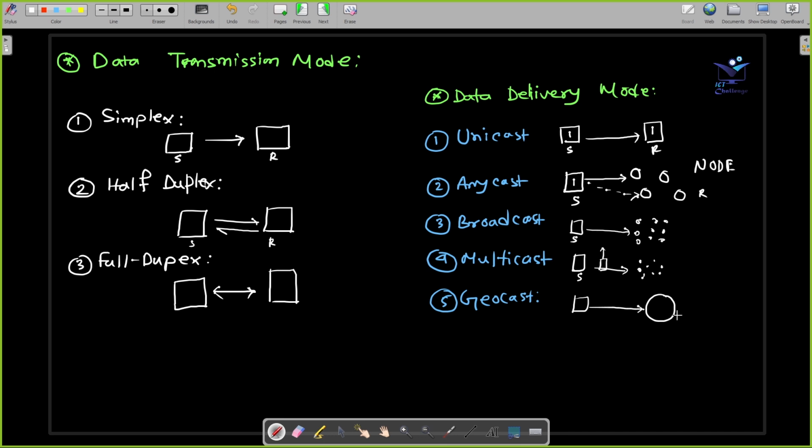For example, if you want to transfer some data from BTV to Sylhet, or Marma or Garo areas, and you transfer data only to those areas, this is called geocasting. Geocast means you have to transfer geographically to a fixed area. This is the data delivery mode, which actually comes from the simplex data transmission system. So do you understand those things?